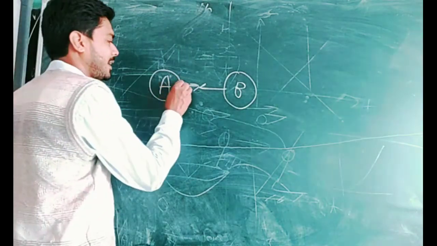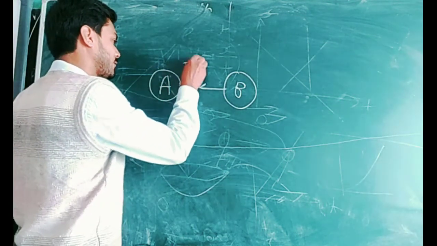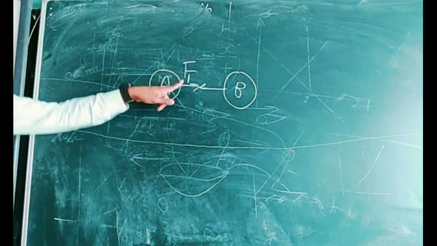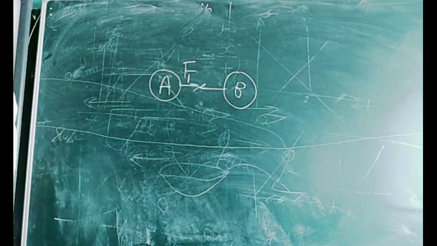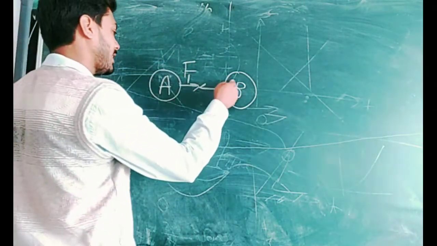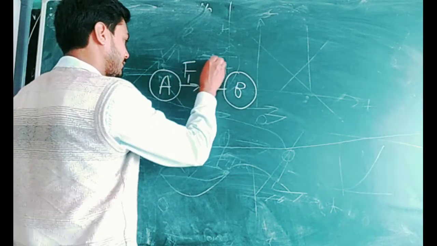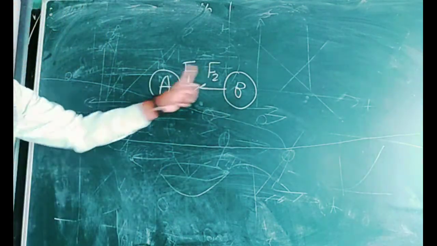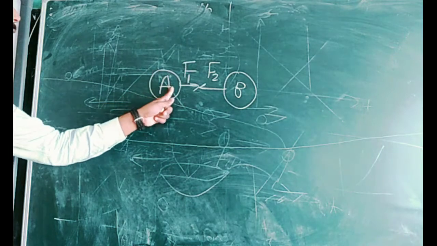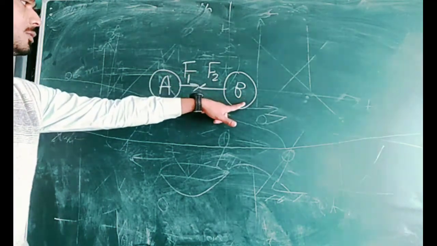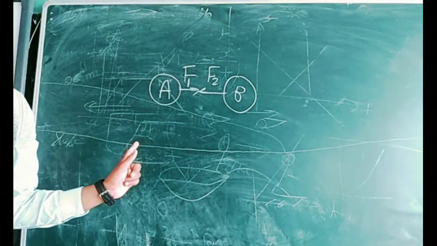Suppose the force applied by A on B is F1 and the force applied by B on A is F2, because these two bodies are in contact. A will apply a force on B and B will also apply a force on A.